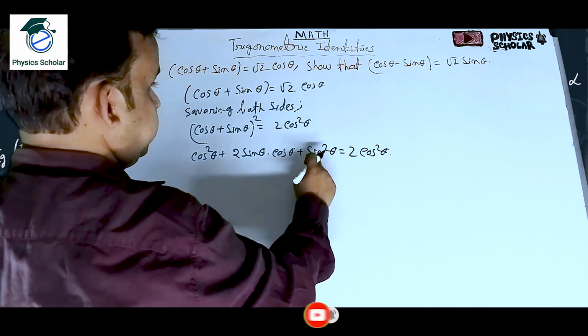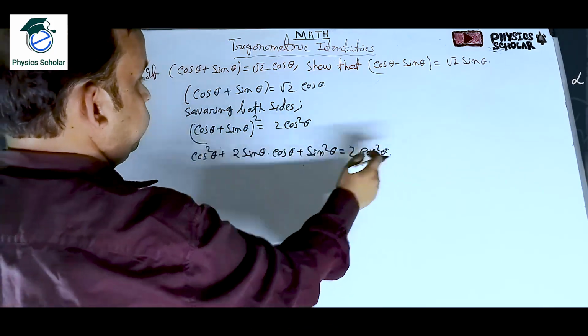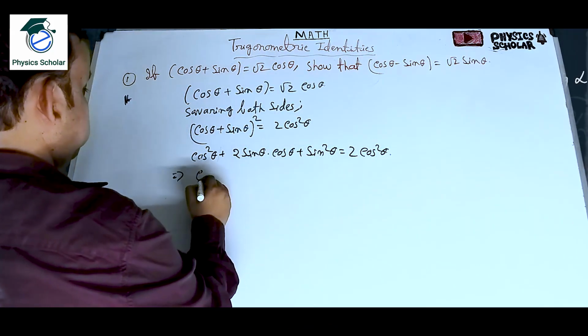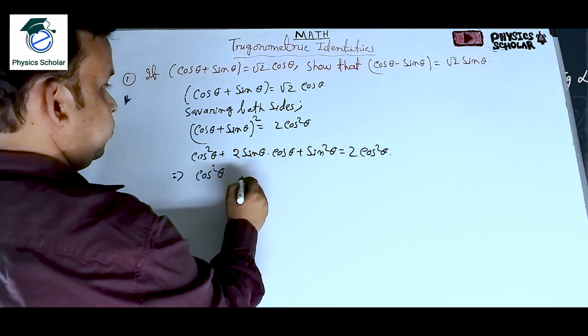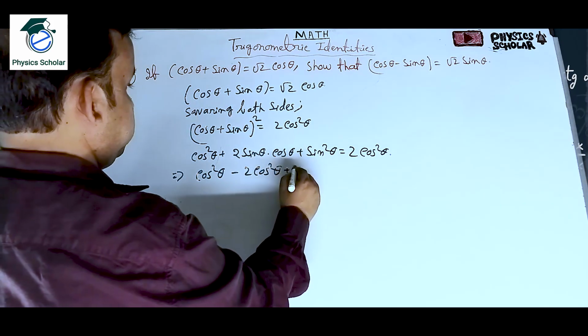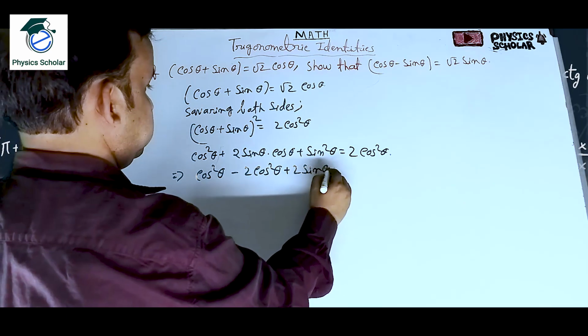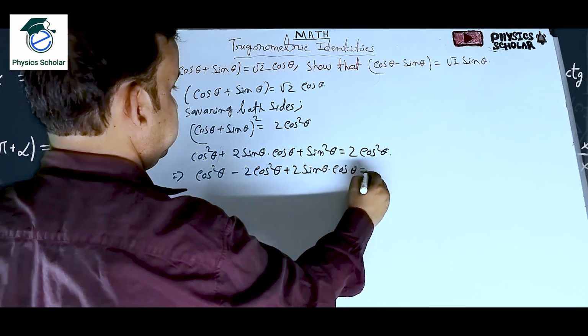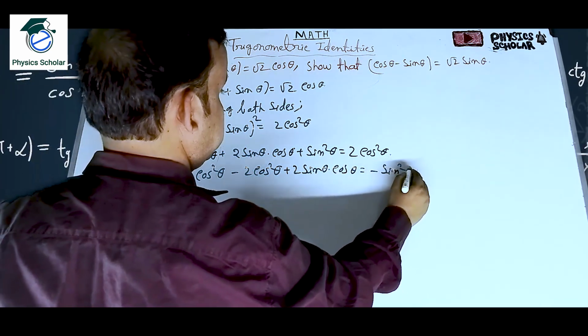Now what we have to prove involves sin theta, so sin square theta will move to the right hand side. Cos square theta minus 2 cos square theta plus 2 sin theta cos theta is equal to minus sin square theta.